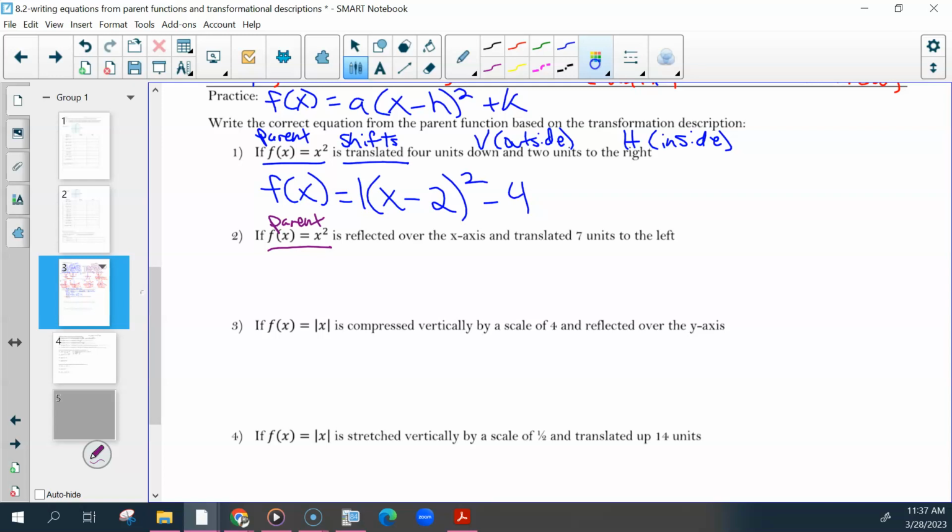But yes, you said reflected. What transformation words do you see? Reflected.